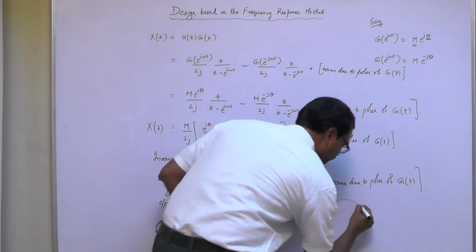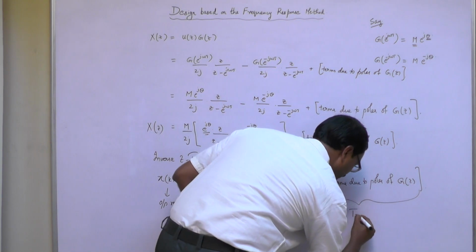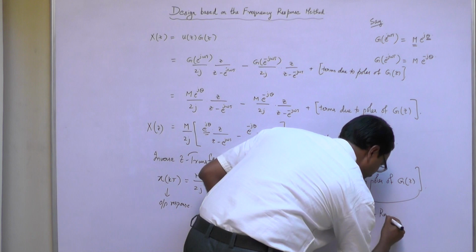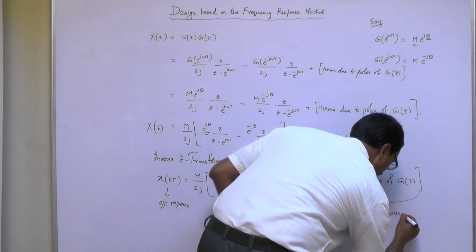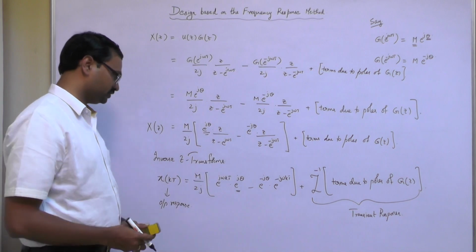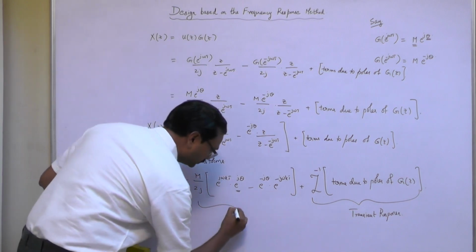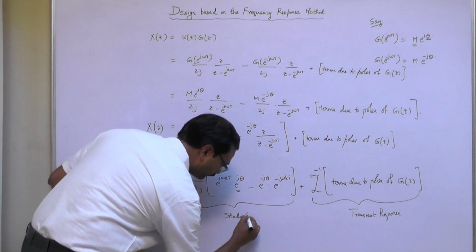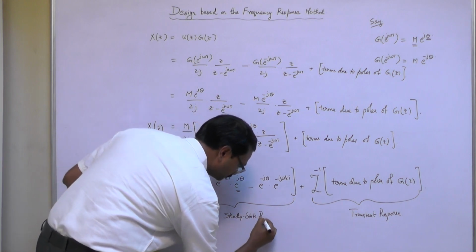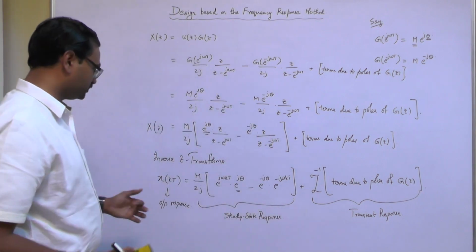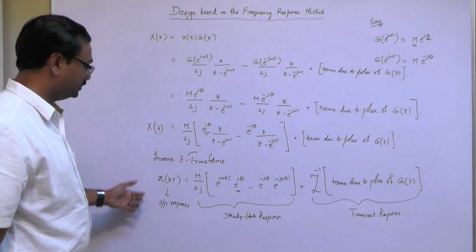The transient response is obtained from these poles, the terms due to poles of G(z), and the other part is called our steady state response, x(kT).